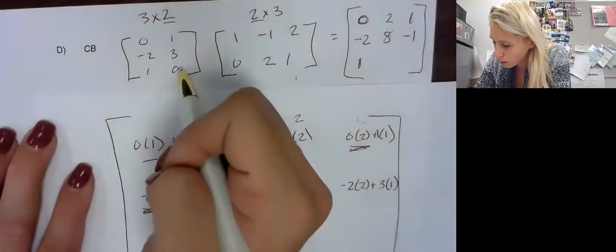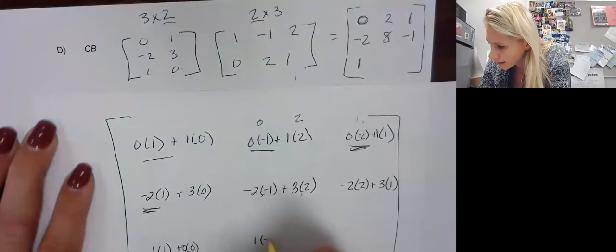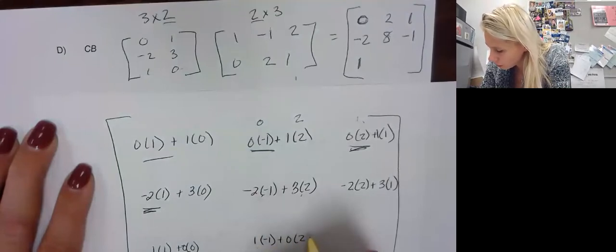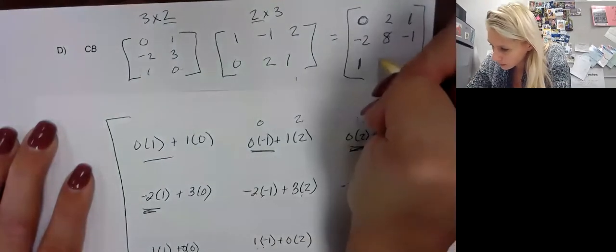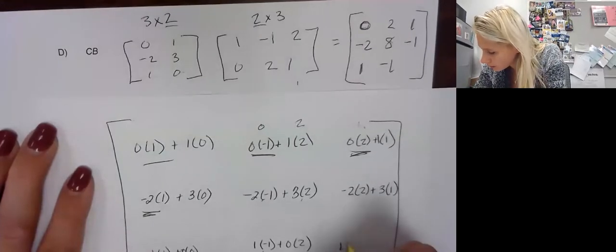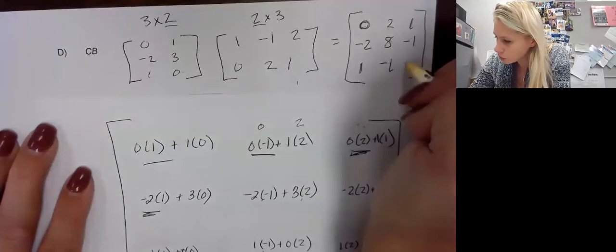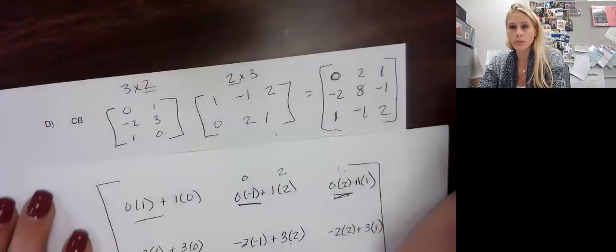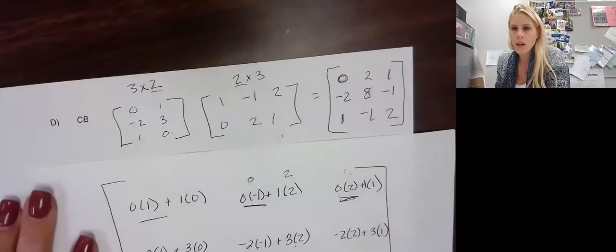So 1 times negative 1 plus 0 times 2. Negative 1 and 0 is negative 1. And last one is 1 times 2 plus 0 times 1, which is 2. How'd we do? Did I make any mistakes? Hope not.